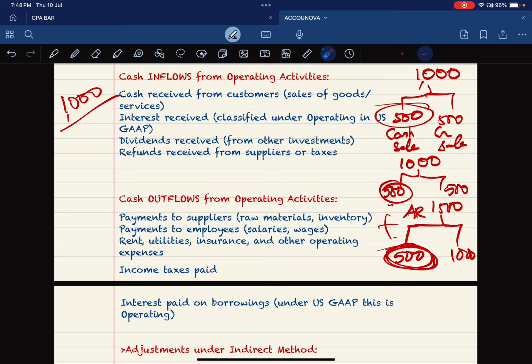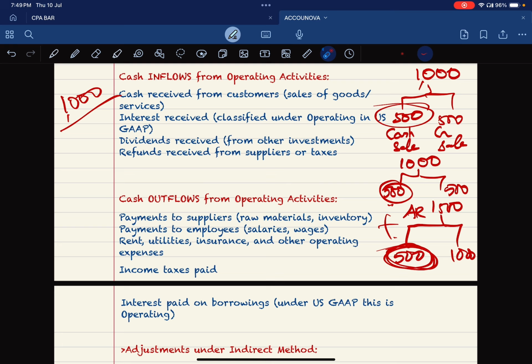So we'll proceed further. Interest received. Again, the cash should be received. It should not be a receivable. So the interest received is classified under operating in US GAAP. Okay. Dividends received. Don't get confused with dividends received as a financing activity.